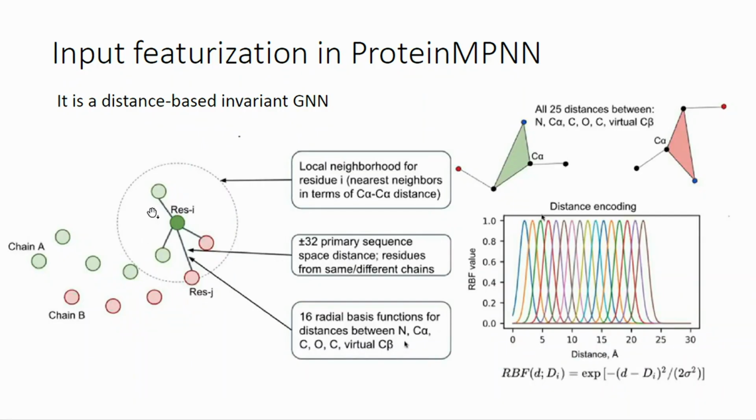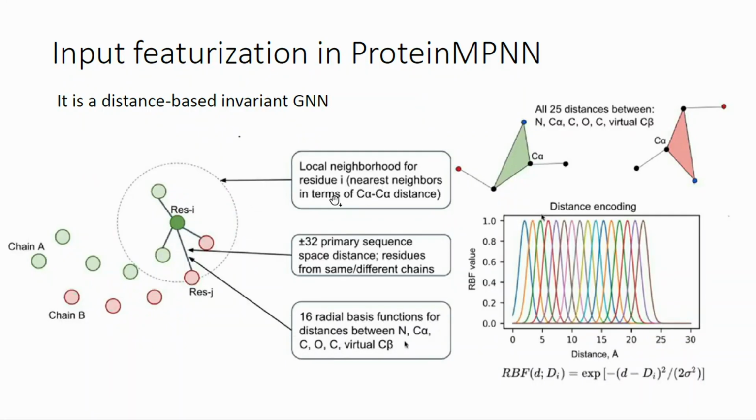And sometimes it also captures the primary sequence information by injecting it as a positional encoding into the node. So it gets, as input, scalar features, which are positional encodings and the atom type information, which is masked at the beginning. And it gets geometric vectors, which are the relative distances between pairs of points.